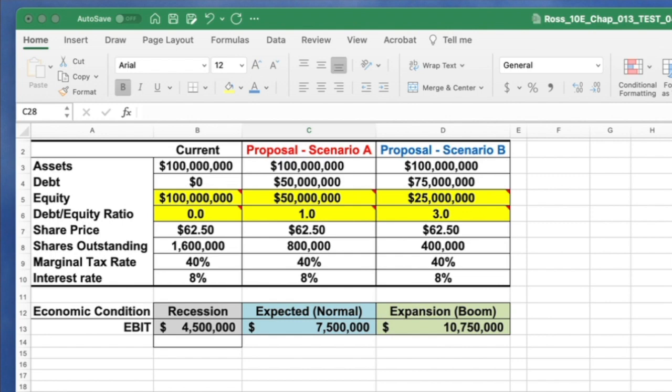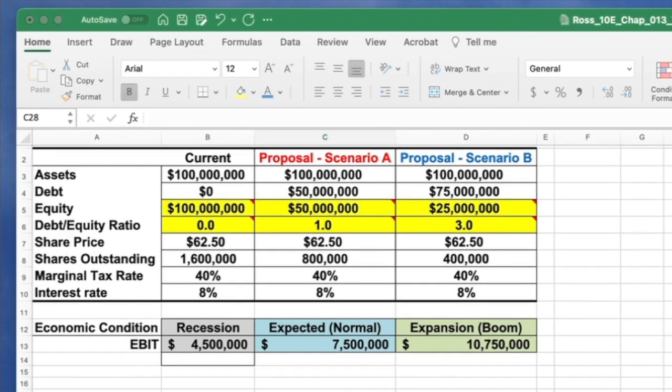Now, again, here are 3 scenarios for the same firm. Same firm, $100 million in assets. The only difference between these 3 scenarios, the no debt scenario, scenario A, where we have debt to equity of 1-to-1, and scenario B, where we have debt to equity of 3-to-1, is we've just changed the capital structure of the firm's balance sheet.